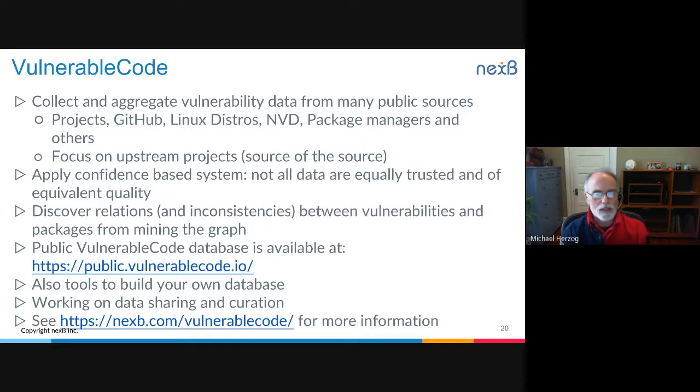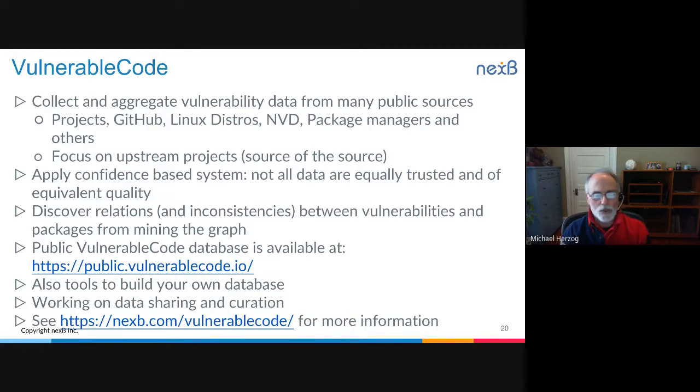But another important part of this is getting information from different sources, being able to evaluate how accurate and useful the information is from each source, and what's the overall quality. So as we get deeper into this, we find fairly often, more than you'd like to see, cases where a vulnerability is reported for a version of a package that never existed. And also, vulnerabilities that don't really quite make sense.